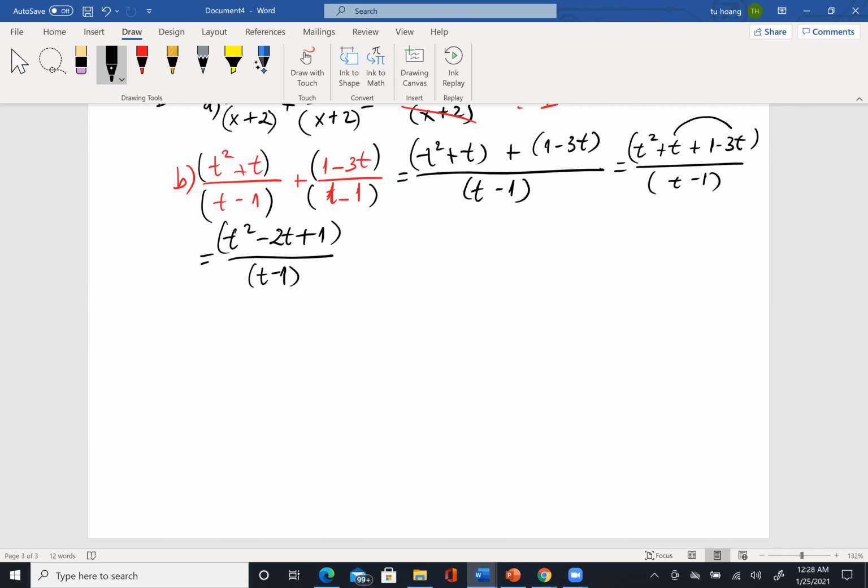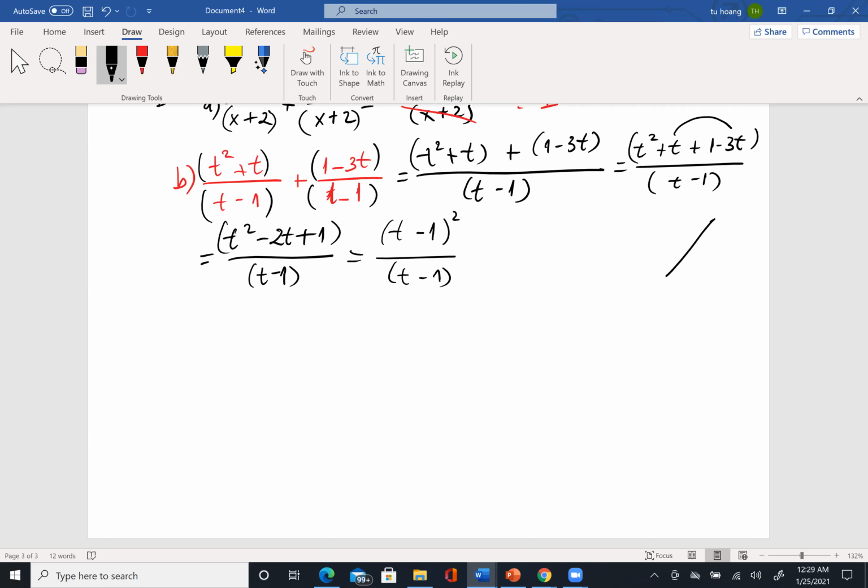Okay, so what is the next step now? You want to think about, can we factor the top? See, it is a trinomial, and actually it is a special case, it is like a perfect square. If you remember the formula, you know that it's t minus 1 squared, and then t minus 1 over here. You can also apply the X method that I showed you, right?